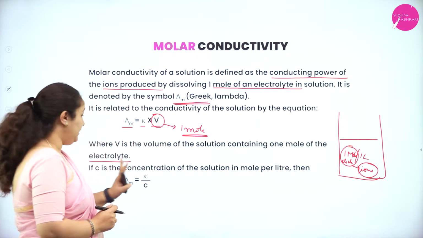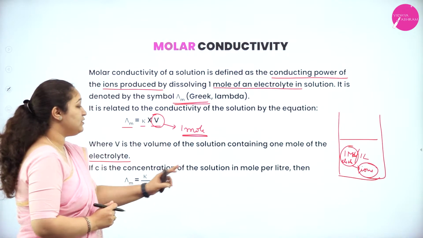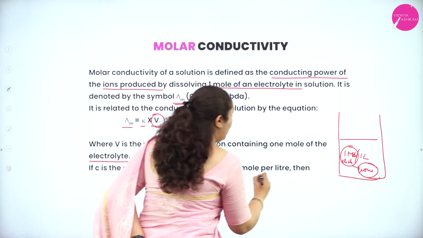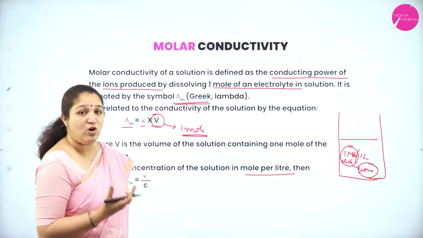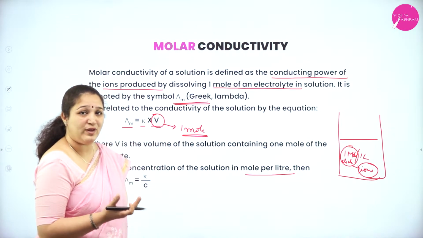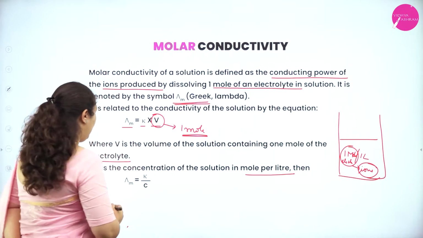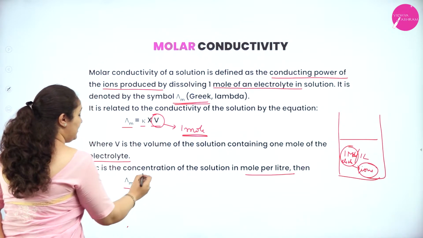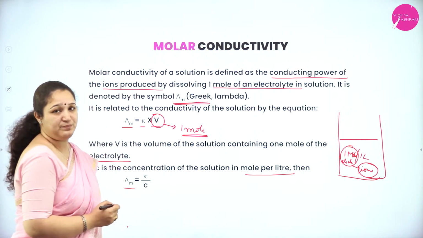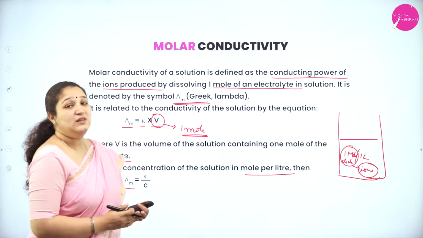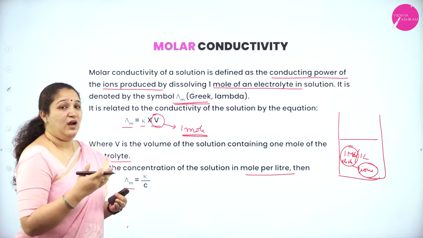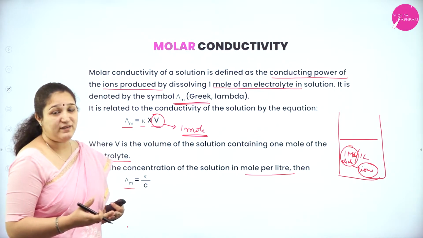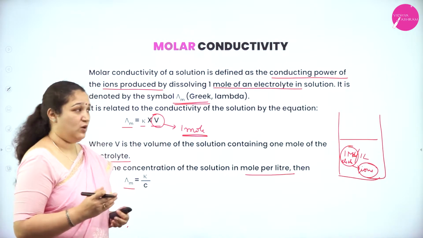But if the concentration of the solution is known in mole per liter, then molar conductivity is equal to kappa by C. So, this is how we can calculate molar conductivity and relate it to the conductivity of the solution.